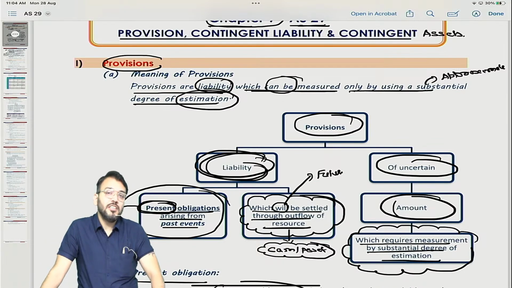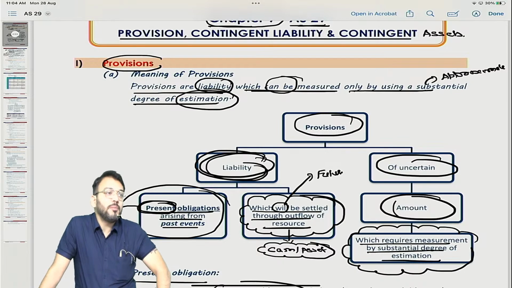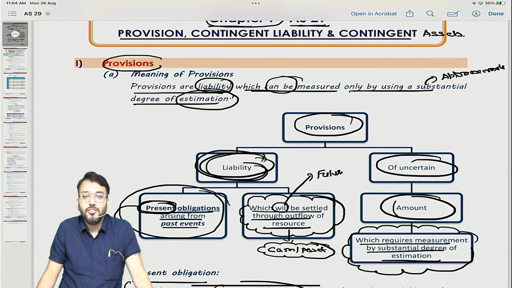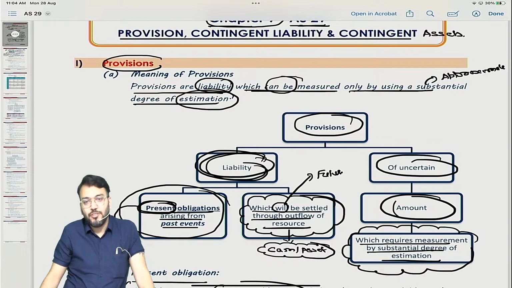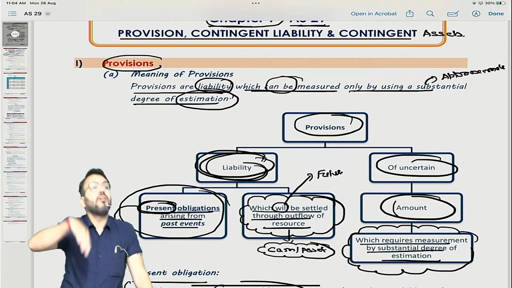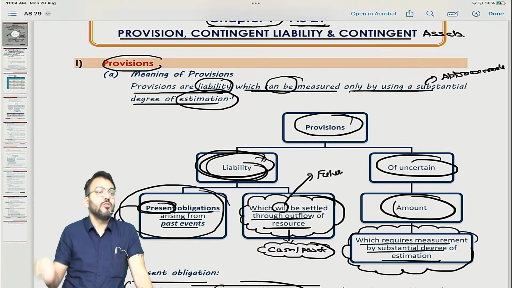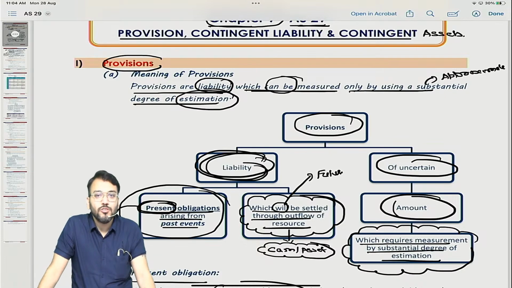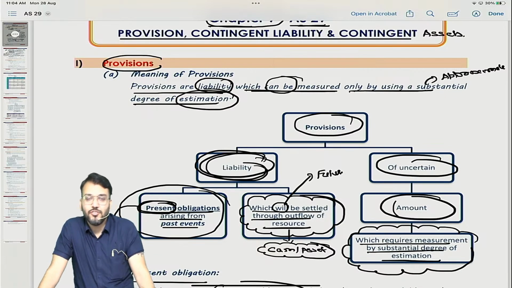An obligation is present obligation if it is probable on balance sheet date. Probable means chances are more than 50%. The chances of occurrence is more than chances of non-occurrence. Correct? Understood?